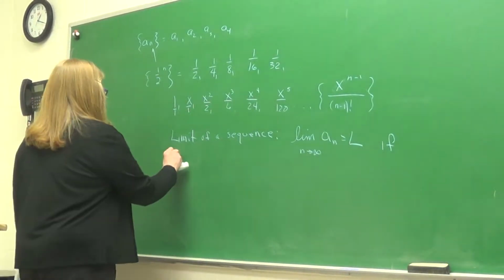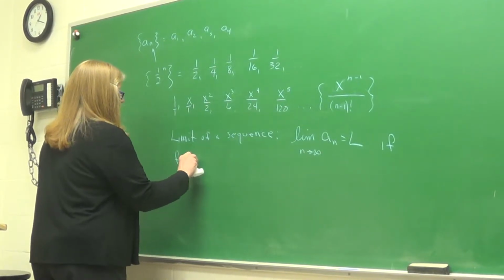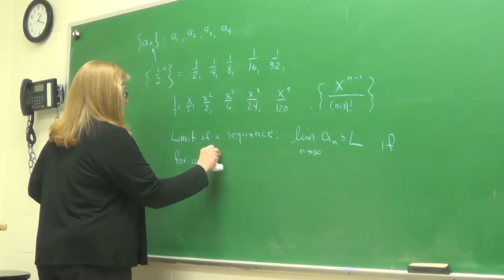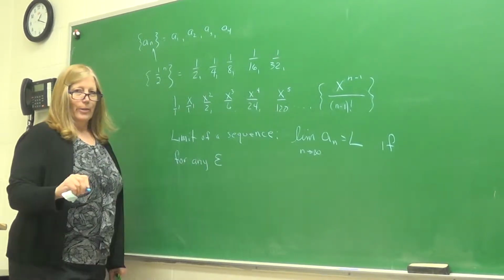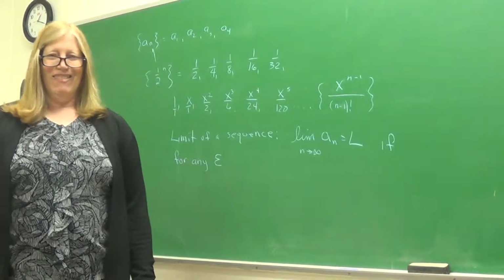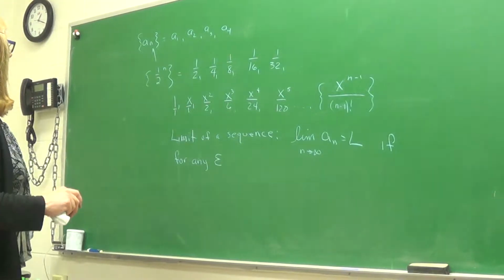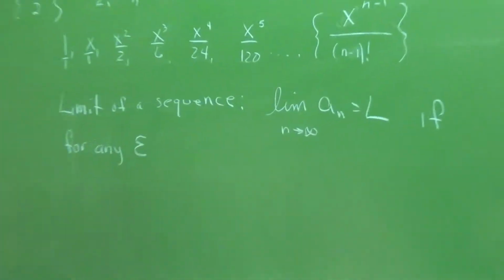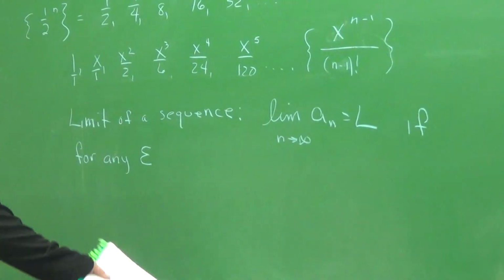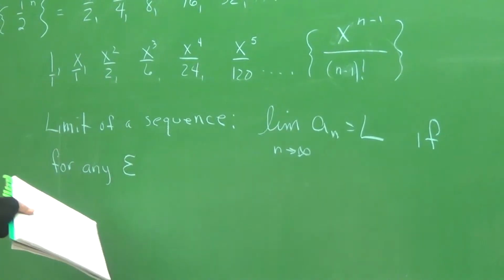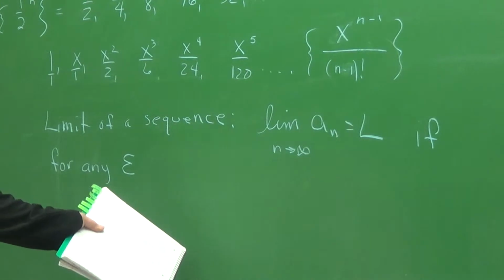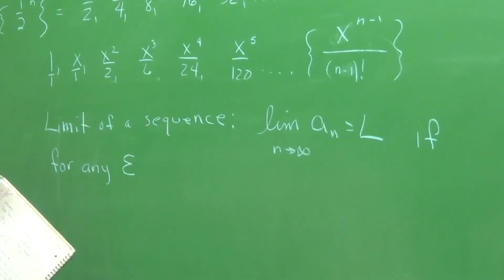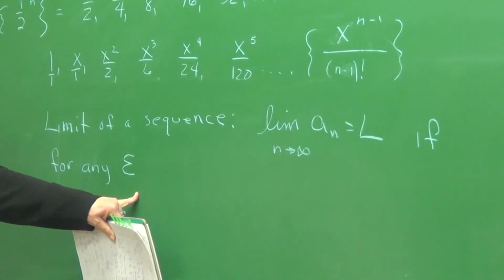For any epsilon. Oh, Greek students, okay, I keep making it like a 3. For any epsilon, no matter how small, I'm not going to write that, but generally we're interested in the small ones, not the large ones, but it'll work for any epsilon.